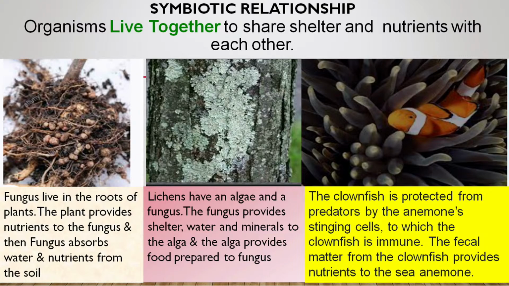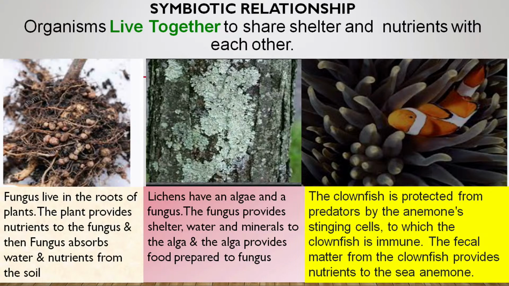Now, the interesting part of this whole story is, this clownfish needs protection from predators. Because it's so colorful, anybody can identify it from a distance and catch it as prey. So what it does is, it goes in between the tentacle-like structures of the sea anemone and hides there. Now what is the sea anemone getting from the clownfish? Clownfish excreta has a lot of nutrients.